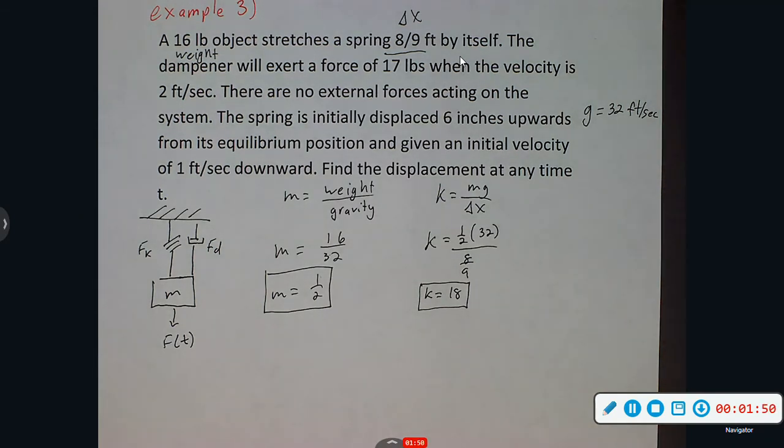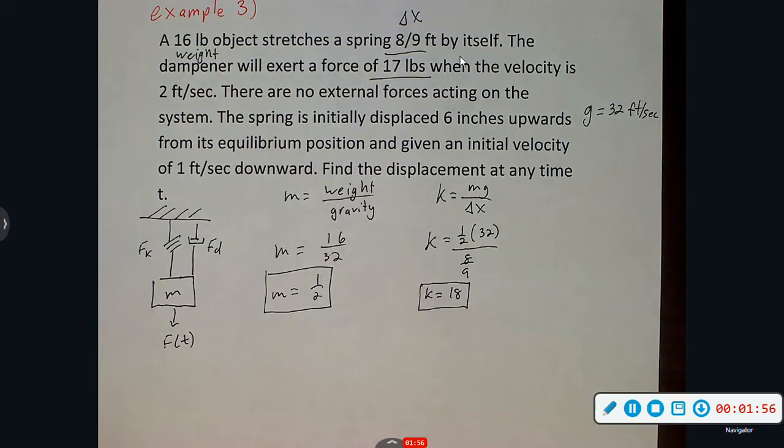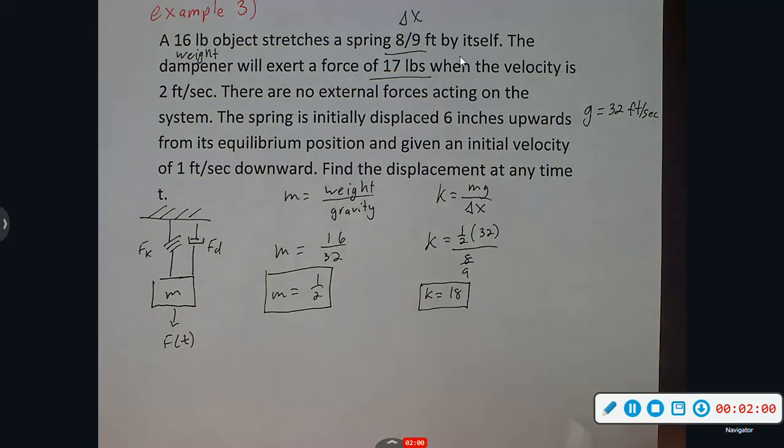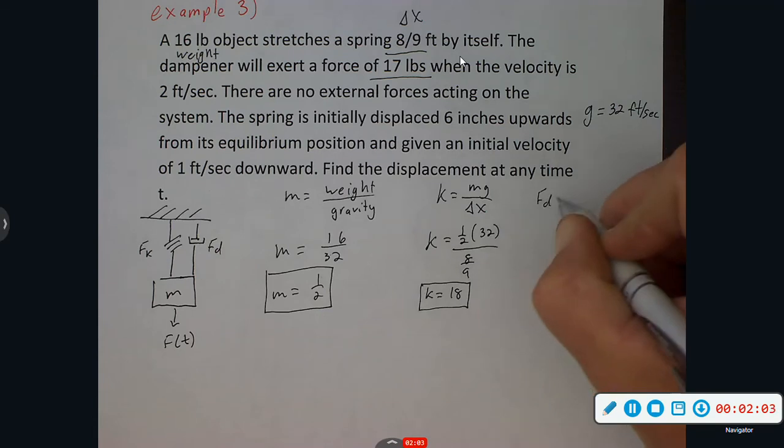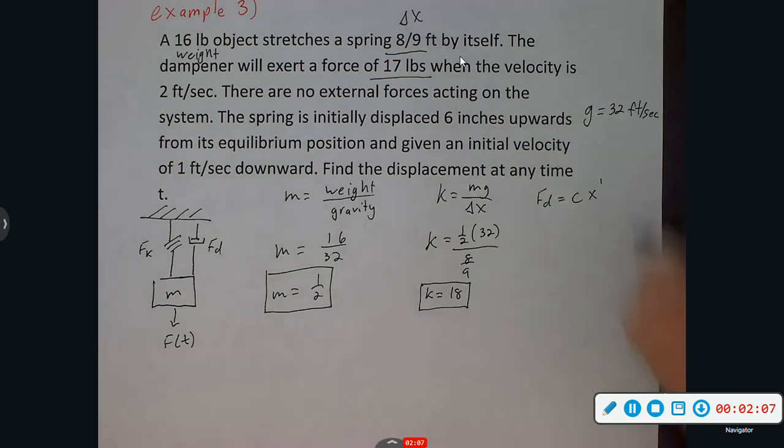The next thing is we want to find how our C value changes with this new dampening force. The dampener will exert a force of 17 pounds when the velocity is 2 feet per second. Remember, velocity.